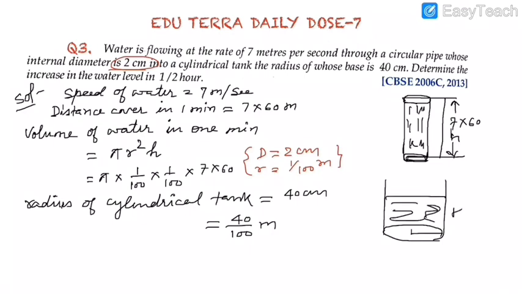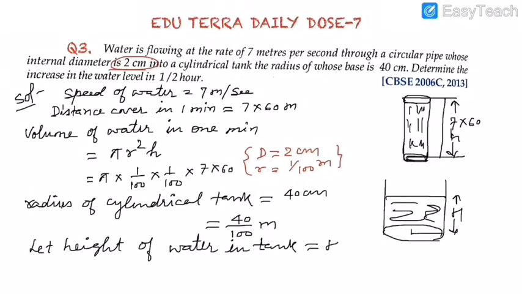So let the height of the water in the tank be capital H. Okay, height of the water in the new cylindrical tank, otherwise given tank, is capital H.